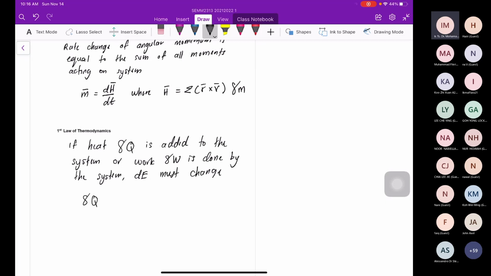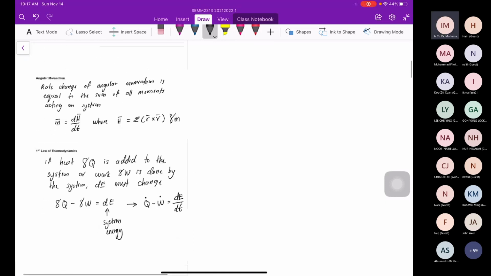So this is the change of Q minus the change of W. Minus W means the work is done by the system, equal to dE. This is the system energy. Or we can simplify: Q dot minus the work rate equals dE over dt.